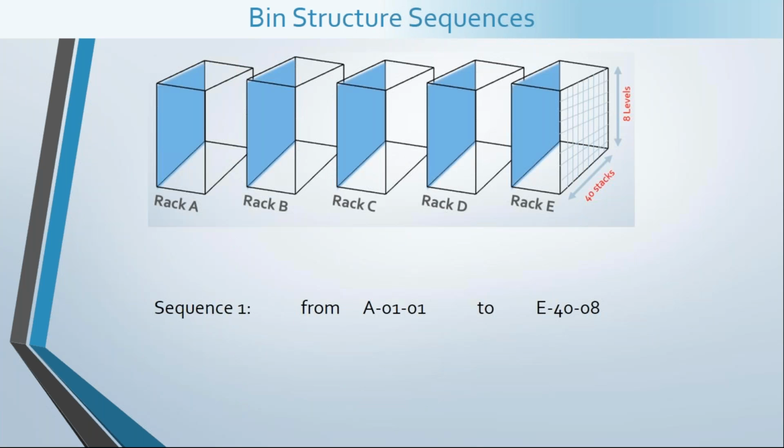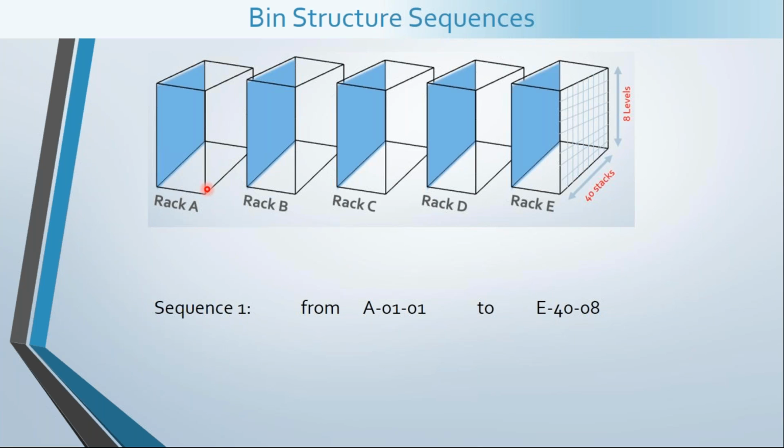Let's now talk about the sequences. When we talk about creating these bins in a masked way, we have to work with sequences. Now, talking about these 5 racks, can we think of a sequence which would cover all the bins from all these 5 racks? As you can see on the screen, one possible sequence is from A0101 until E4008.